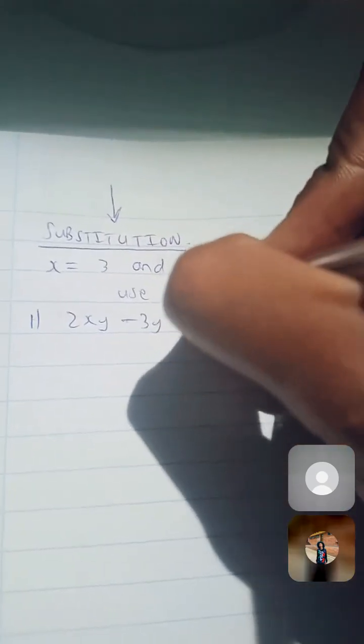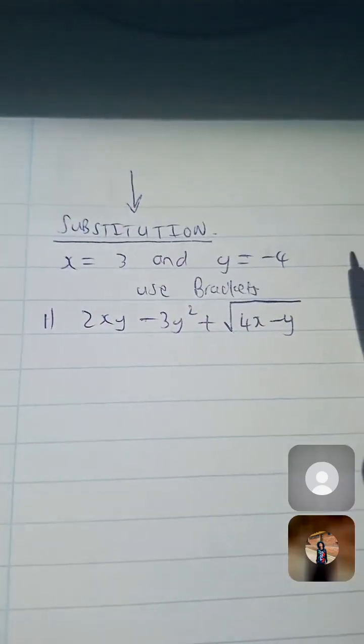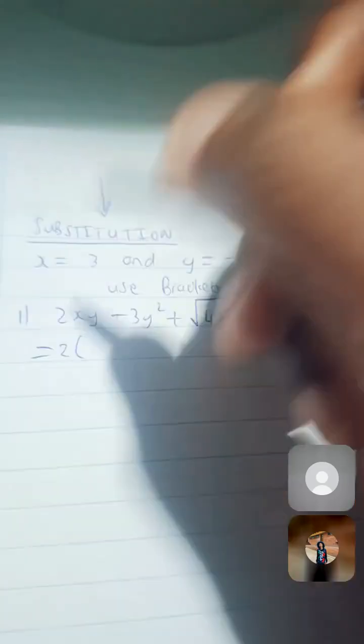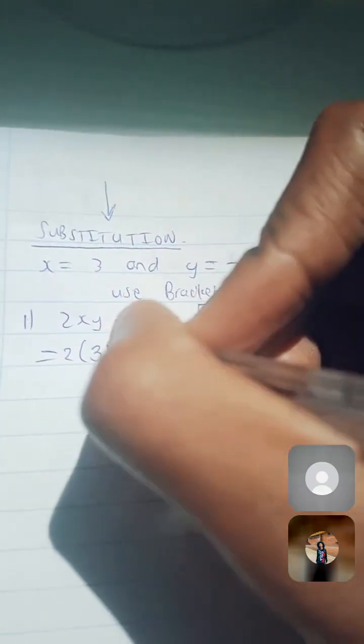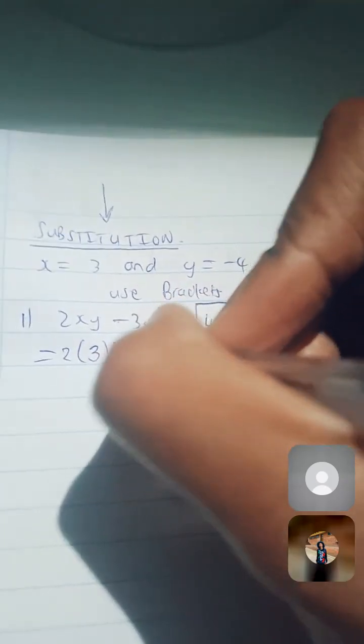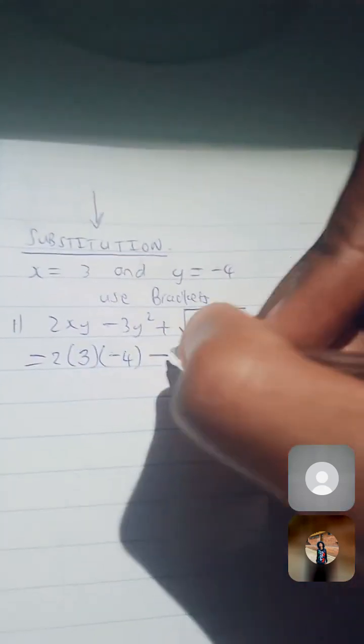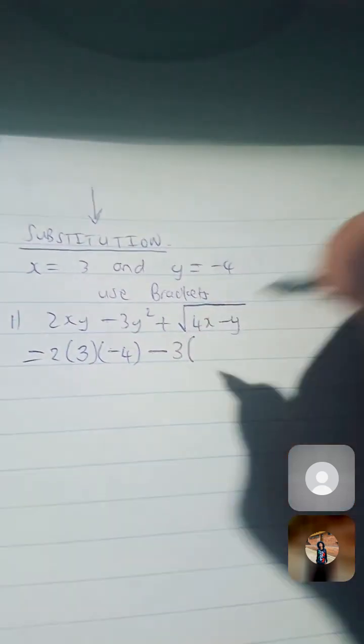And when you do that, you are going to use brackets when you substitute in the respective letters. Are you with me? Yes. So this is what I'm going to do. 2 into, you see this x, I'm going to substitute who? 3. And then in the place of y, I'm going to substitute who? -4. Yeah, all right. Minus 3 in the place of y.